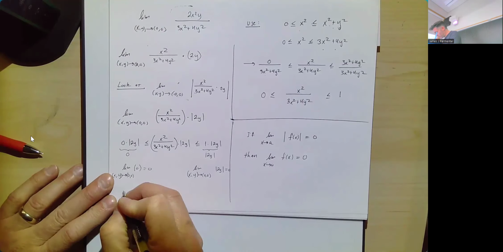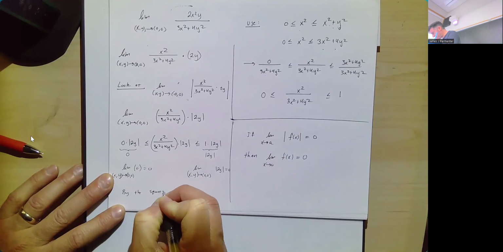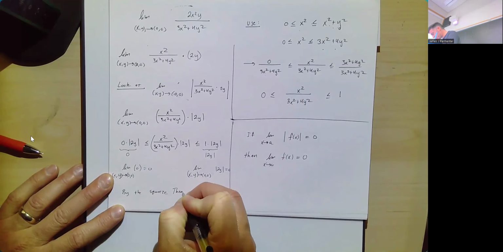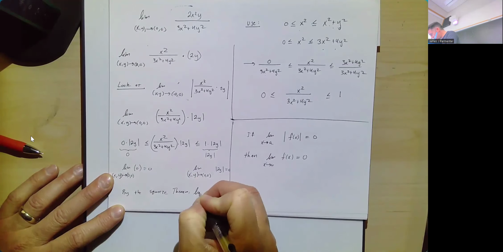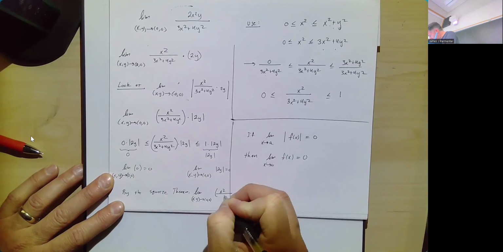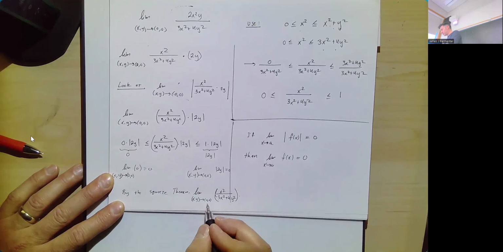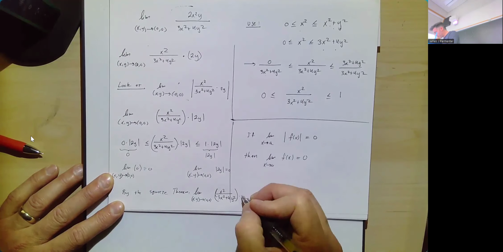So by the squeeze theorem, or sandwich theorem if you like saying sandwich theorem, the limit as x, y approaches 0, 0 of x squared over 3x squared plus 4y squared times the absolute value of 2y is equal to 0.